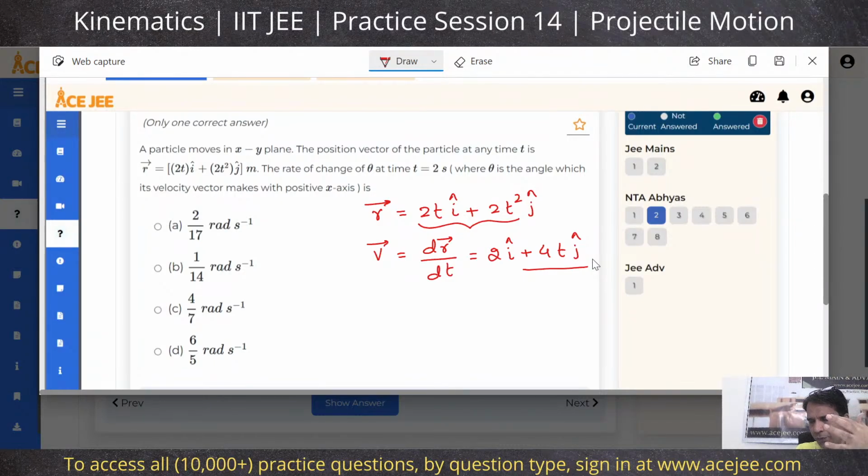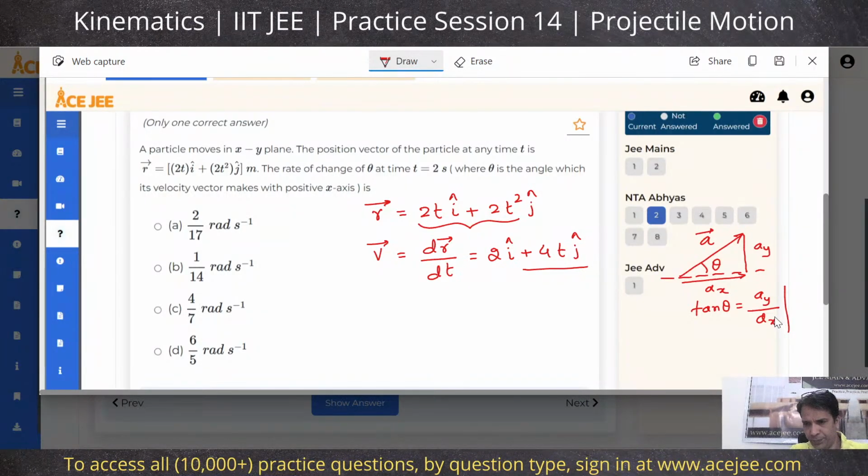Now, any vector, let's say a vector, we are trying to find out what angle it makes with the x-axis, right? So for that, all we have to do is divide ay with ax. So tan theta is ay by ax.